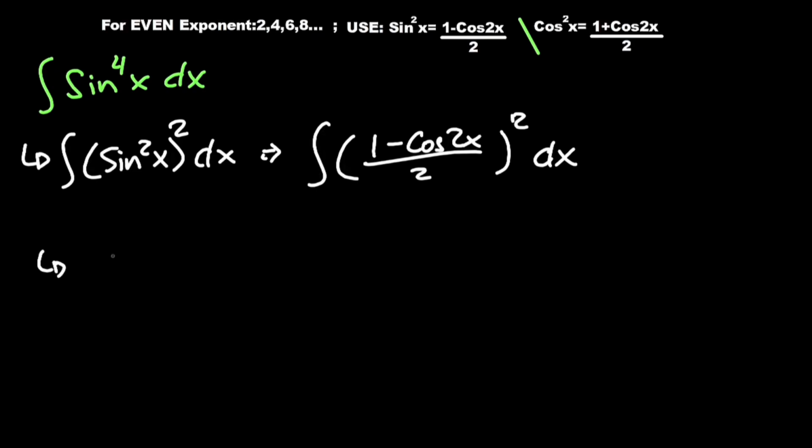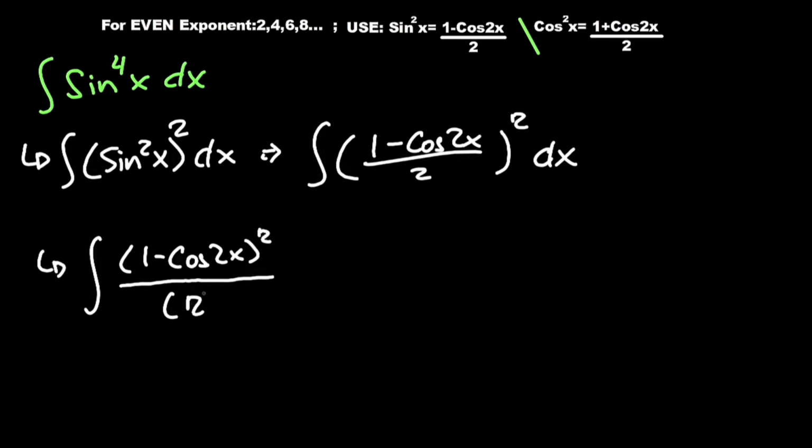And so, the next step here, we can rewrite this as 1 minus cosine of 2x raised to the power of 2 over 2 raised to the power of 2. This is what the raised to the power of 2 there means. So, 2 squared right here would be equal to 4. And now, we can put 4 outside.